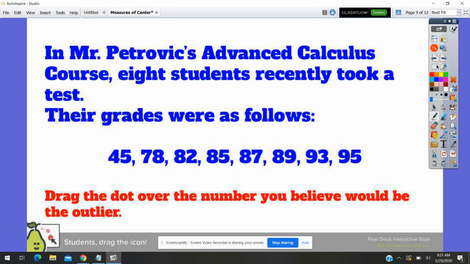So in this example about the class grades, most of you knew the outlier was 45. There were some of you who put the dot over the wrong answer, but just to review, 45 would be the outlier here because it is a lot lower than the rest of these numbers here.